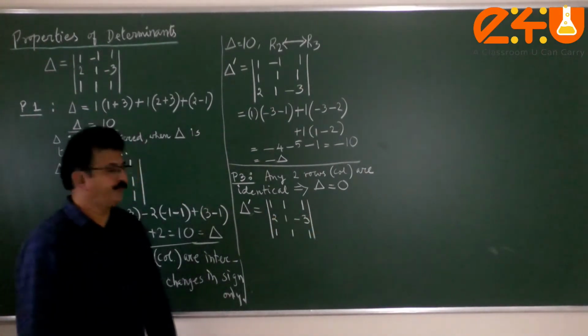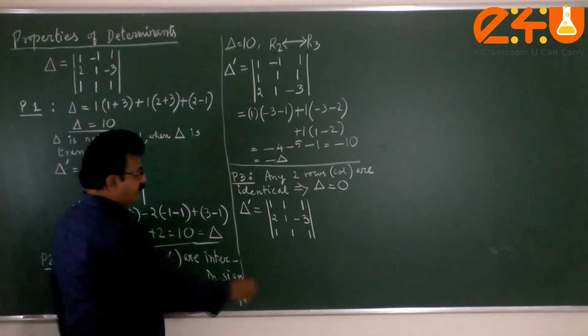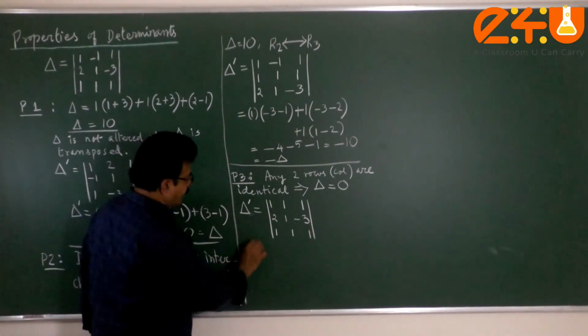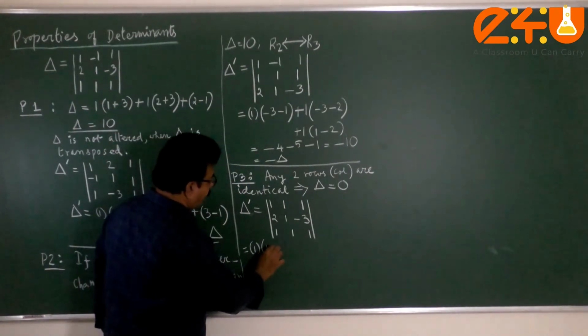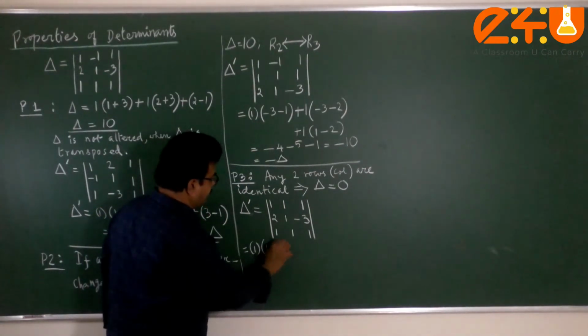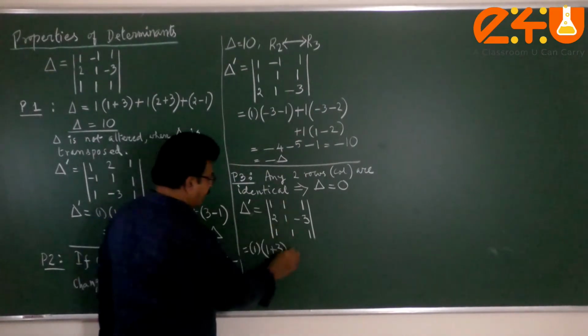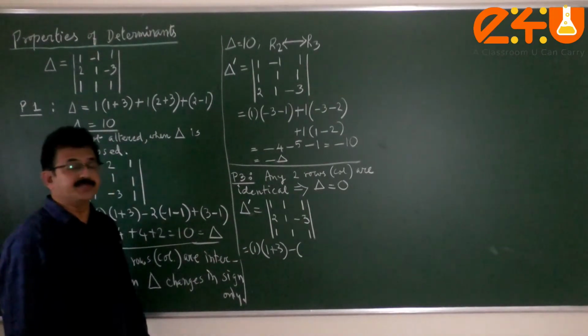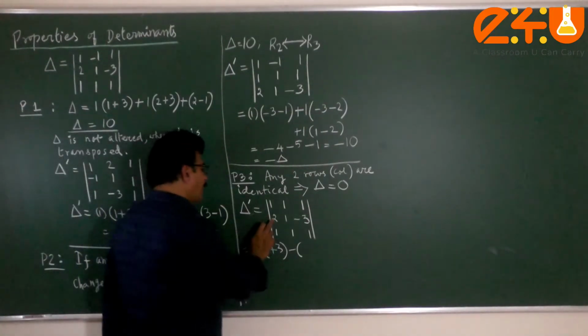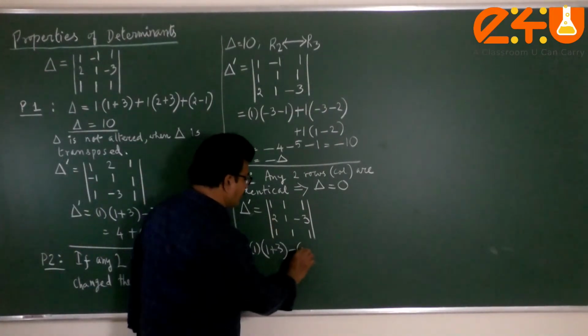Same row 2. Well, let us expand. What happens? First element, the minor of that 1 minus of minus 3 plus 3. Then there is a negative sign for the second cofactor, at position 2 1, and the minor happens to be 2 into 1 minus of minus 3.